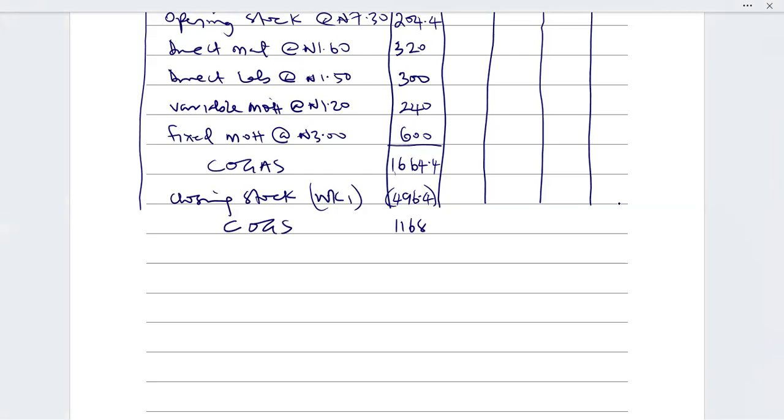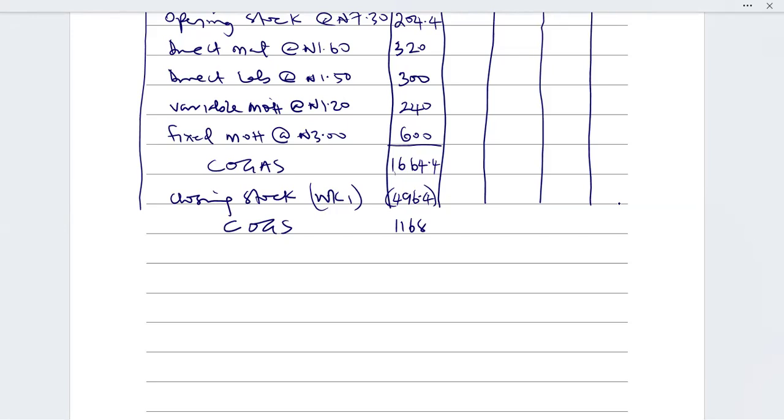Okay. So after cost of goods sold, remember my explanation today when I was recapping what we did last week under overhead absorption costing. I said that overhead absorption costing is the process of allocating indirect costs to a product or service.